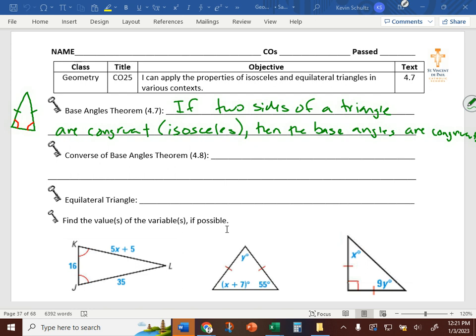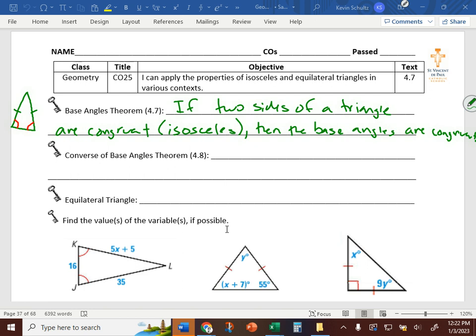If you recall, in the back of your book, starting on page 926, it's got a list of all the postulates and all the theorems that we're covering. And so 4.7 tells you where in the book you can find this.